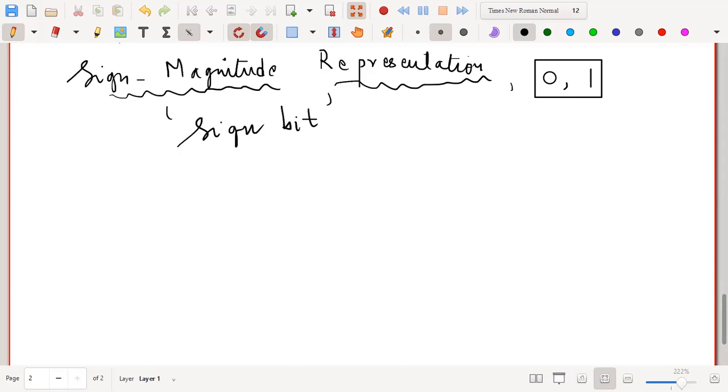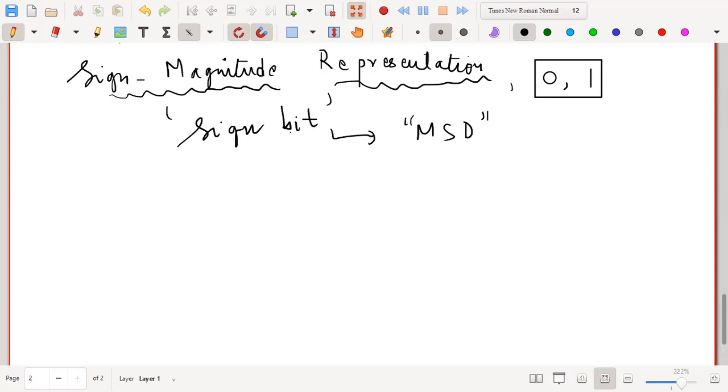We use the sign bit, and it is placed at the most significant bit, MSD. If any number is given to you and you are asked what the sign of this number is, then you need to see the MSD of the number. Usually the sign bit is placed at the MSD, most significant bit, most significant digit.